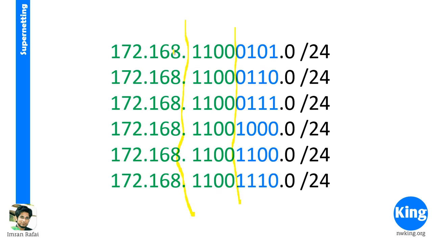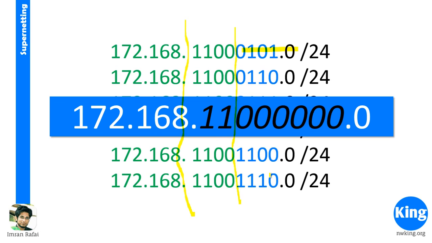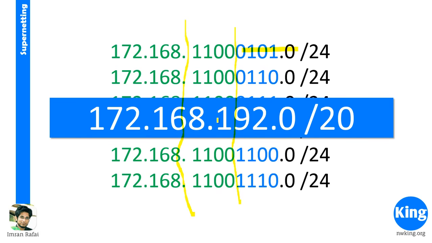So how do we convert this into one network? What you do is make everything beyond this line 0. So it will be like this: 172.168, and this part, if you convert it to decimal, it is 172.168.192.0/20.